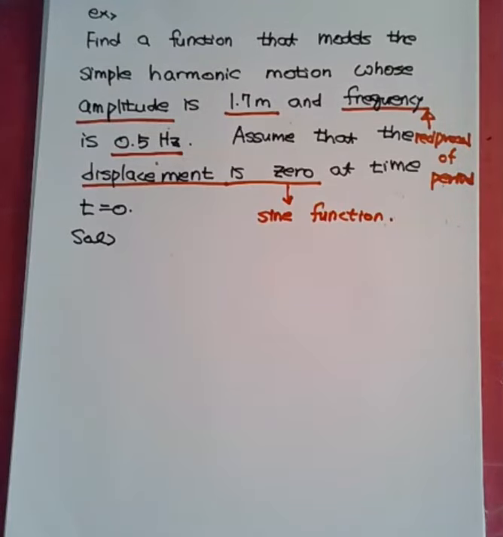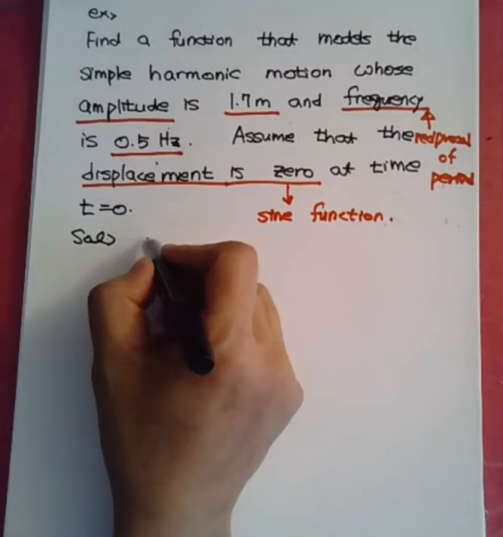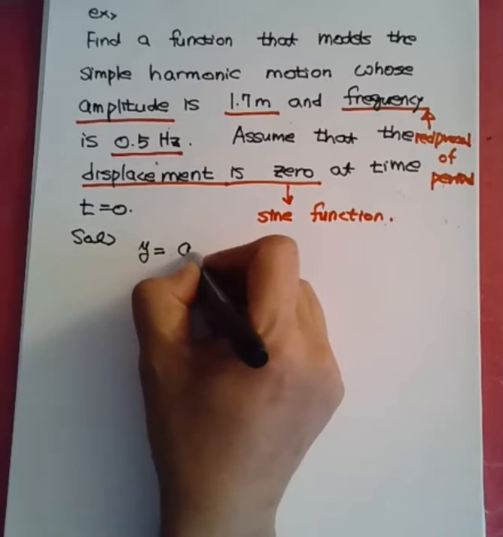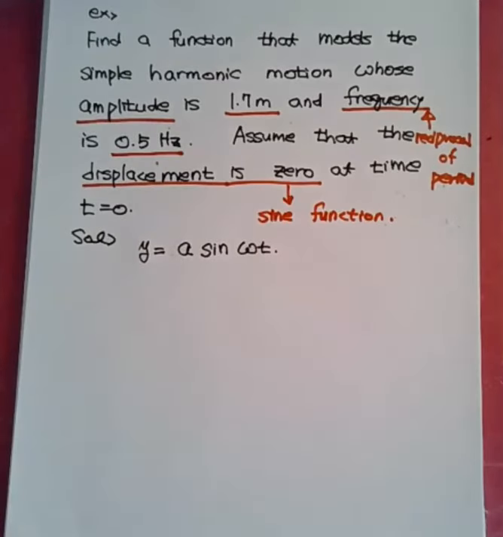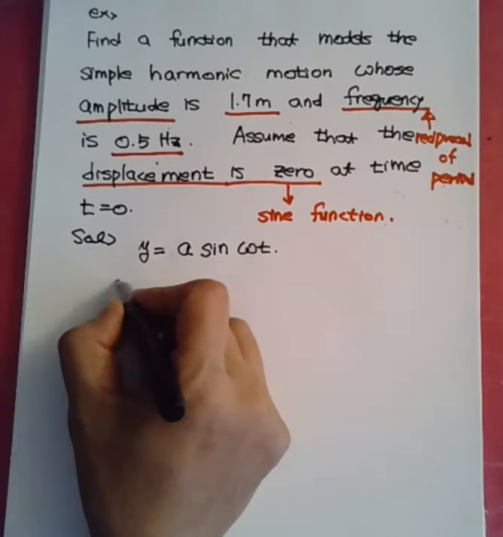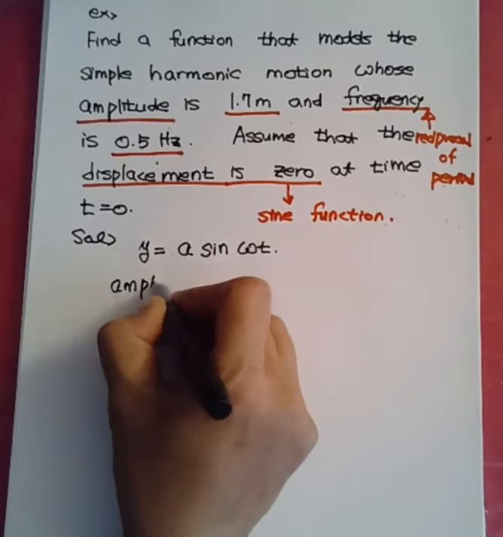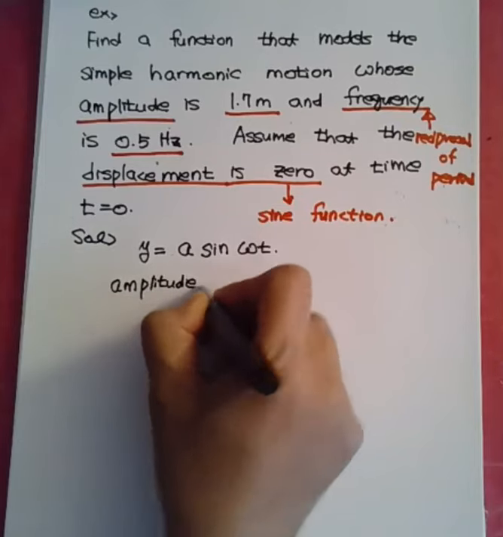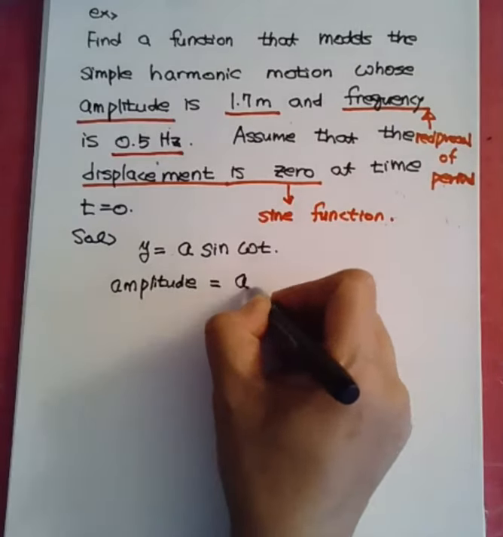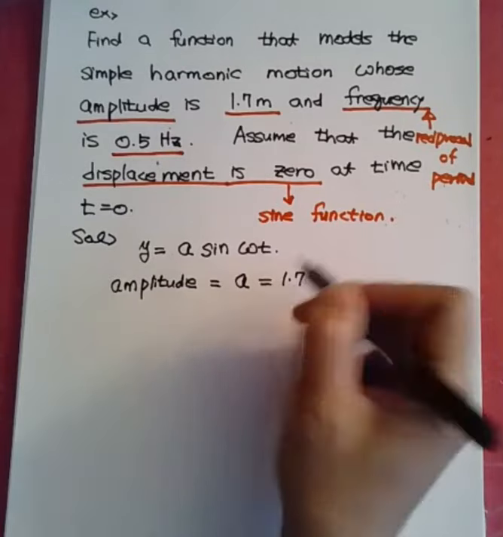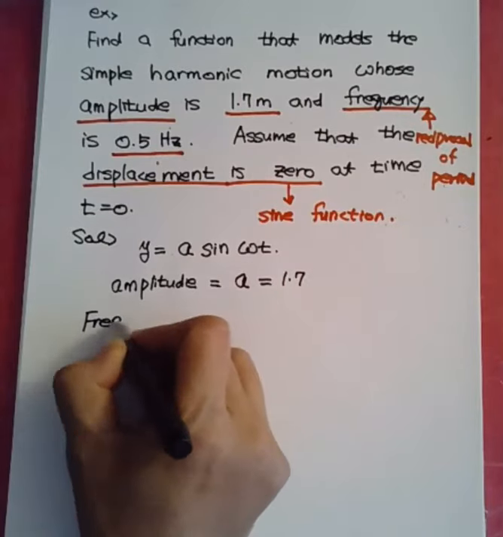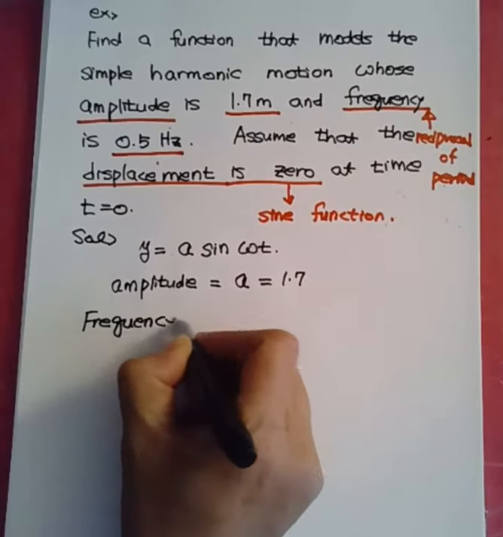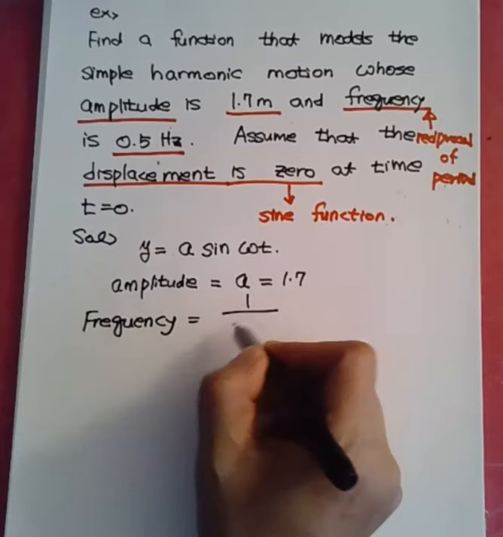So harmonic motion's mathematical model will be y equals a times sine of omega t. Amplitude is related to a, that equals 1.7, which is given here. As I said, frequency is 1 over period.